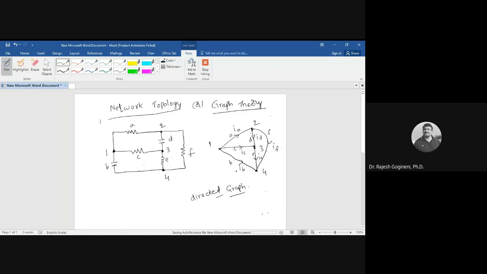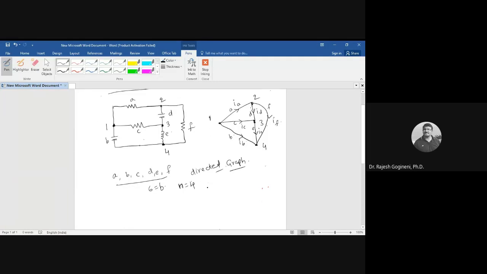Branches are given with the letters A, B, C, D, E, and F. How many? 6 branches. This is denoted with B. Nodes are indicated with N. N, the number of nodes, is 4. N equals 4 and B equals 6.